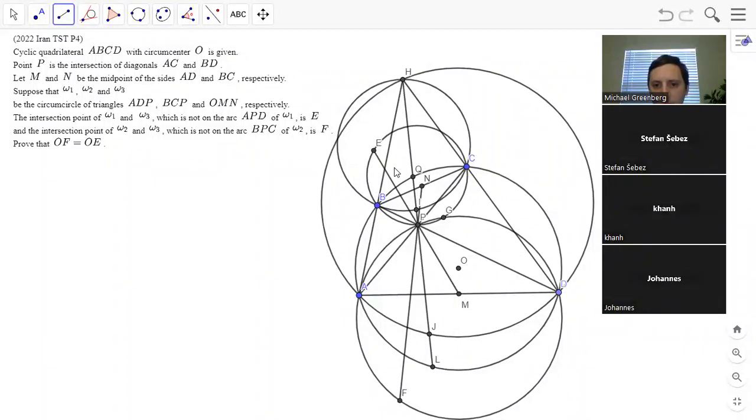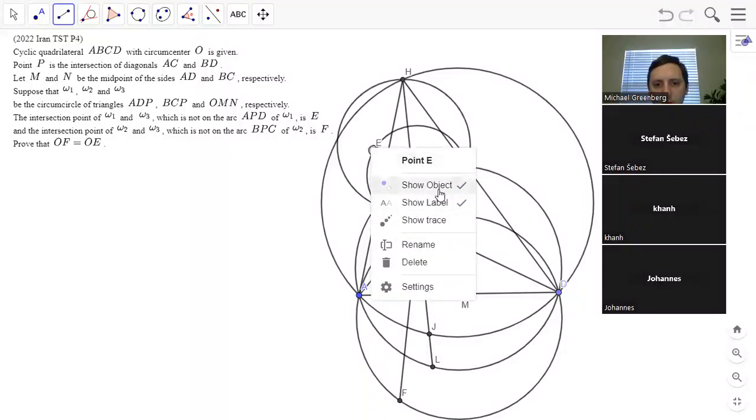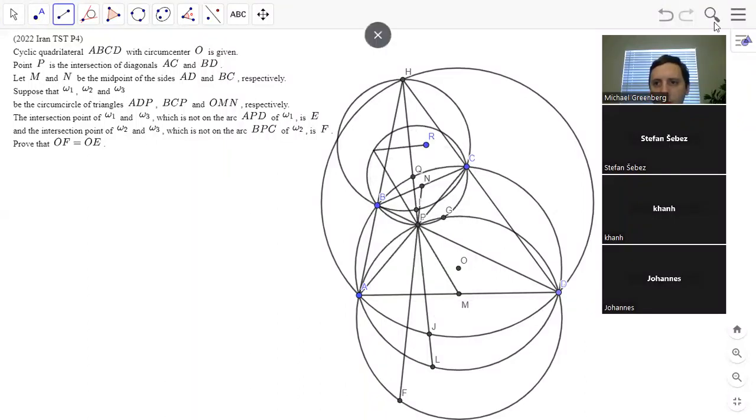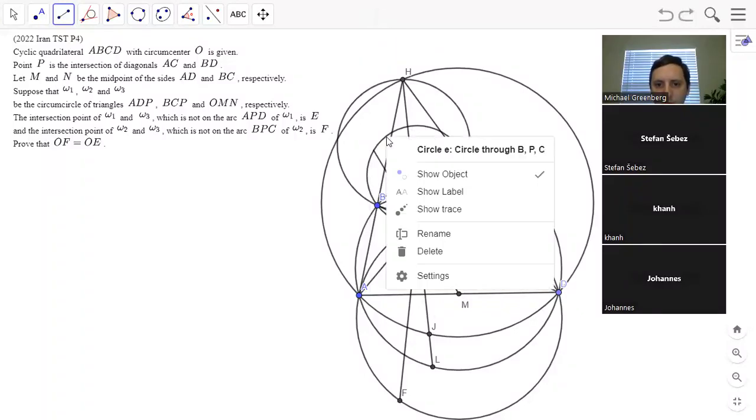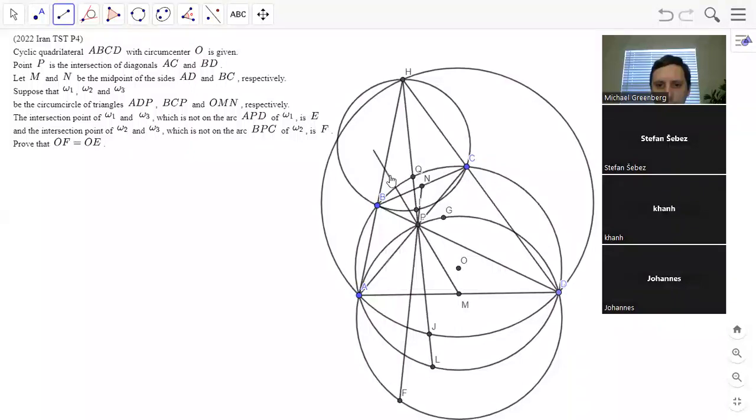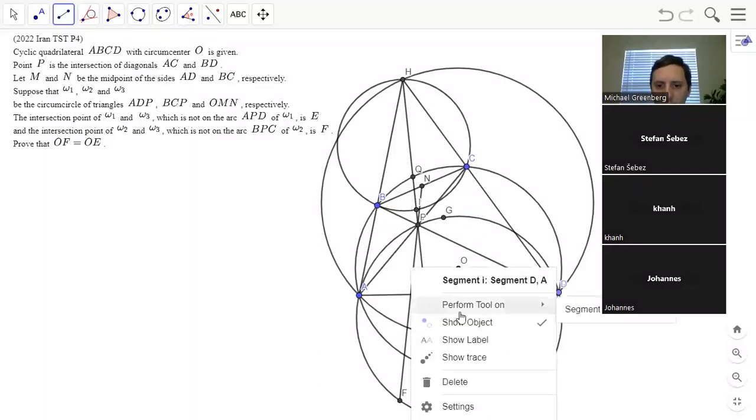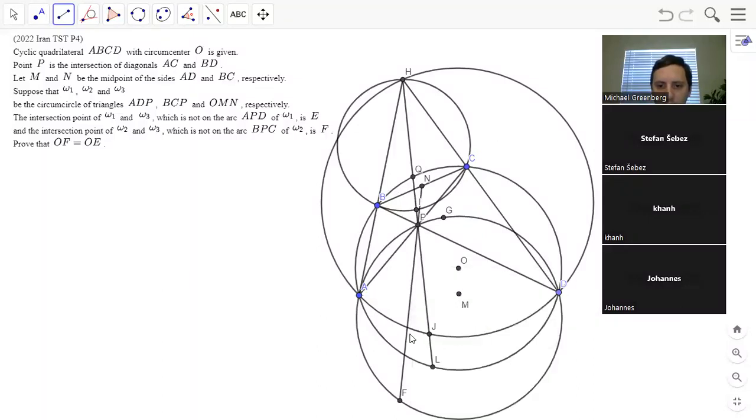HBC. Do we need this point E? I don't think so. Yeah, we don't need M and N if that's the case.